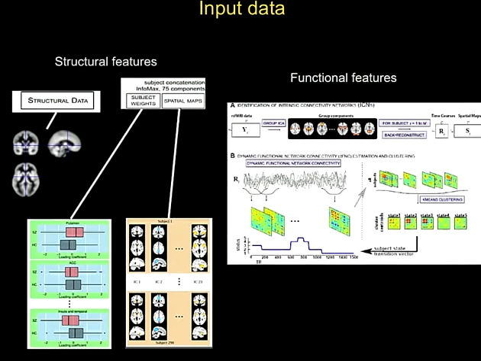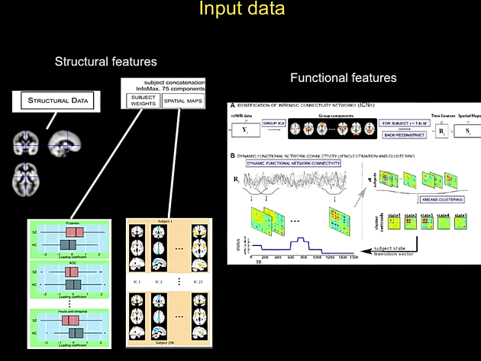We've applied this in the context of brain imaging data, where we have structural features extracted with source-based morphometry, sort of a spatial ICA to get covariant patterns of gray matter. And on the fMRI data side, we've used a time-varying connectivity model. So we basically have states here, a state vector associated with each subject, where we can indicate at which point in time are they in which connectivity state.